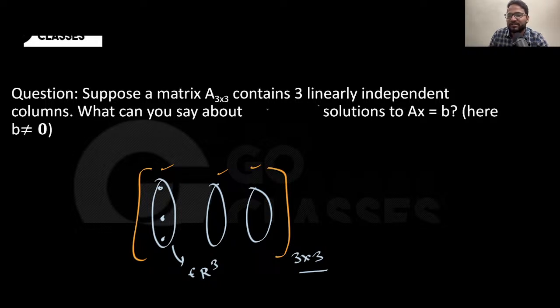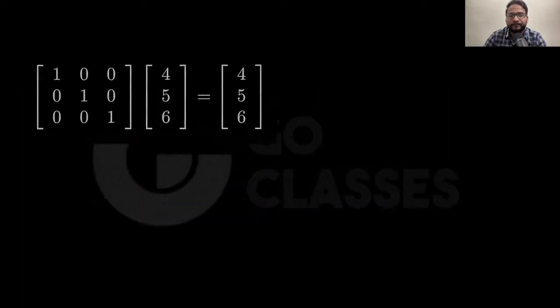Okay, so what is the answer that you are getting? Let me just show you how to solve these kinds of questions, and there are plenty of questions that we are going to solve, right?